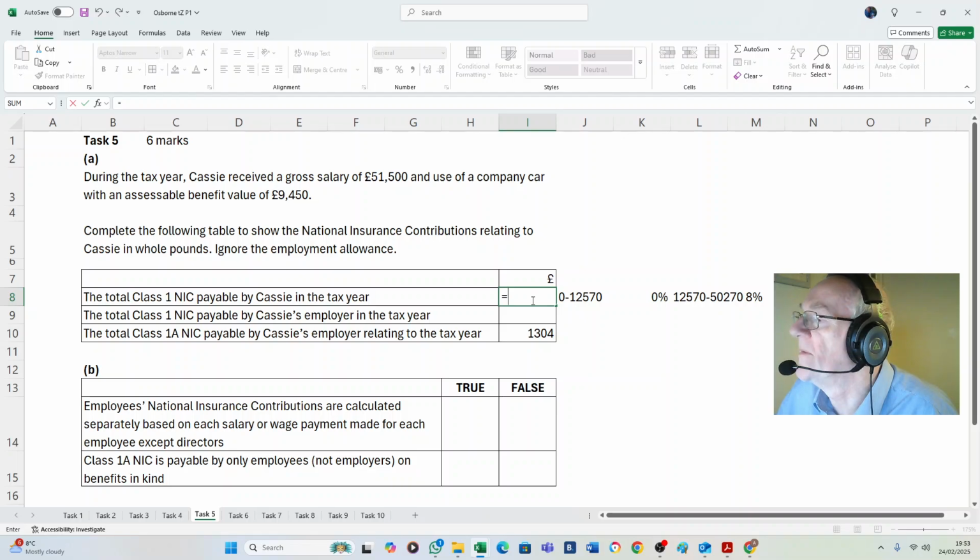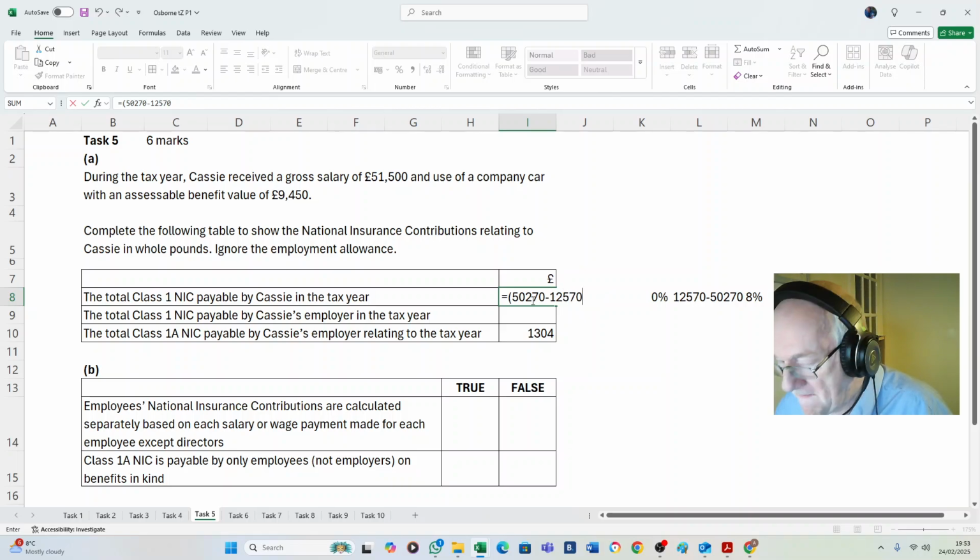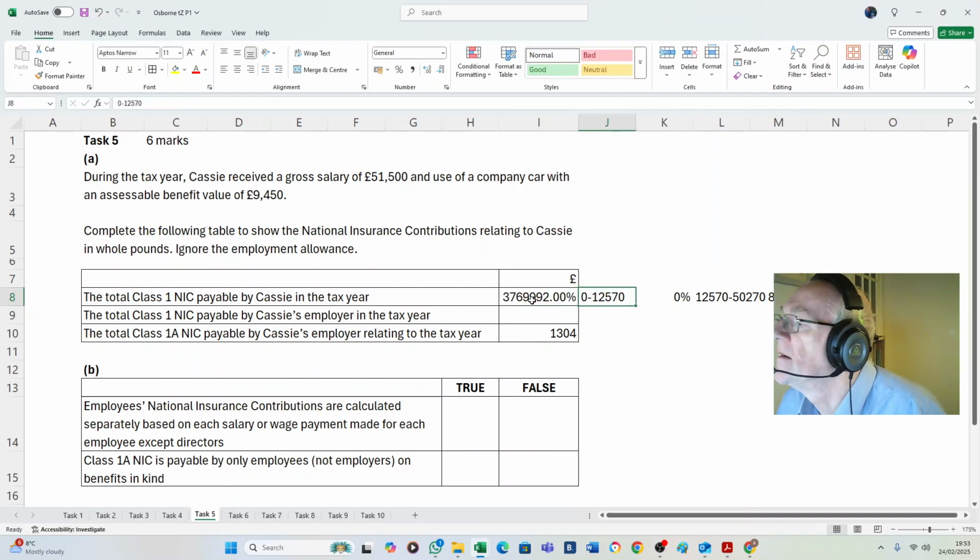Okay, let's just put the formula in. 5270 minus, times 8%. That's that bit of it.